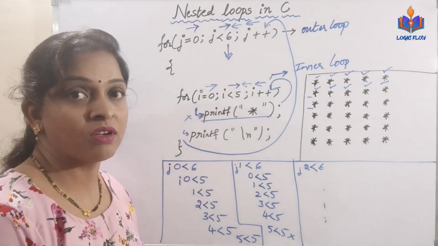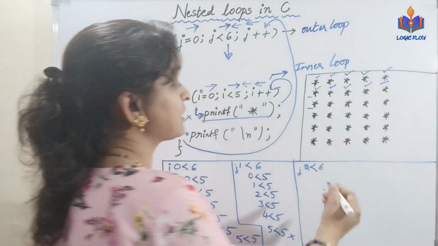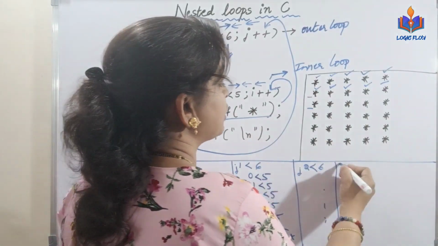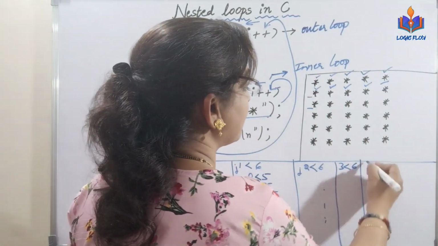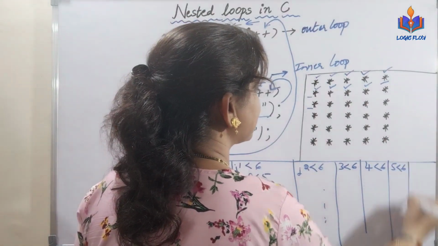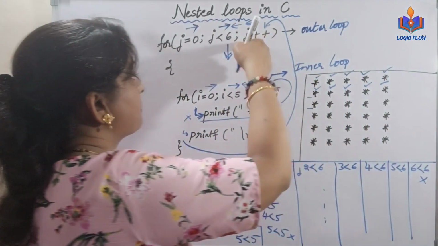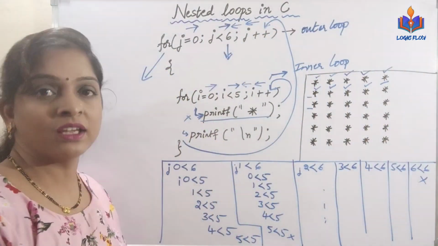So this is how I can execute the outer loop and inner loop. So once I come to the point of the outer loop, 3 less than 6 done. 4 less than 6 done. 5 less than 6 done. Then 6 less than 6. The outer loop gets terminated. It has to come out of the loop.